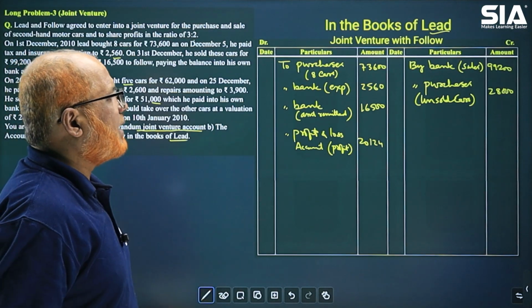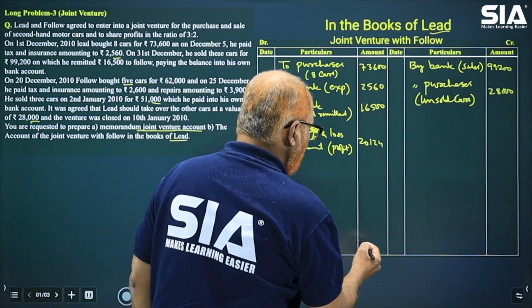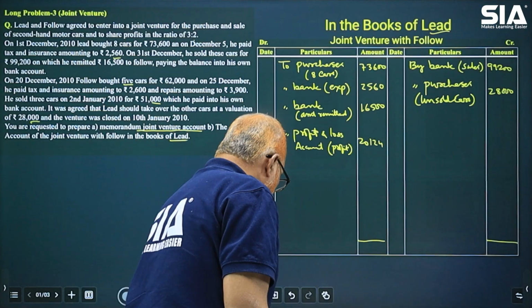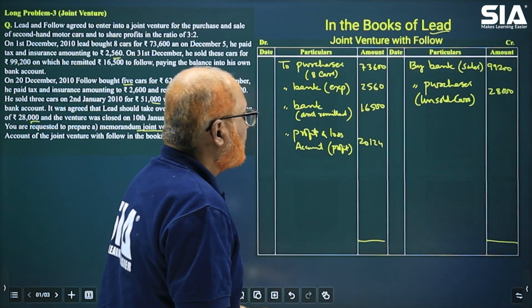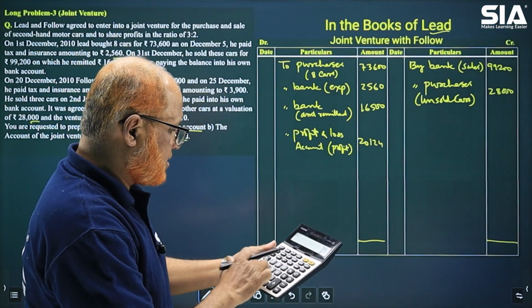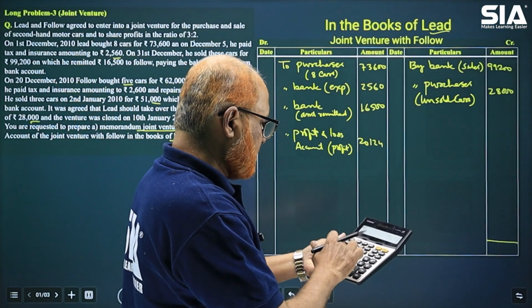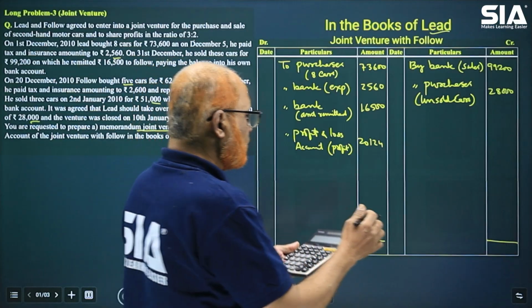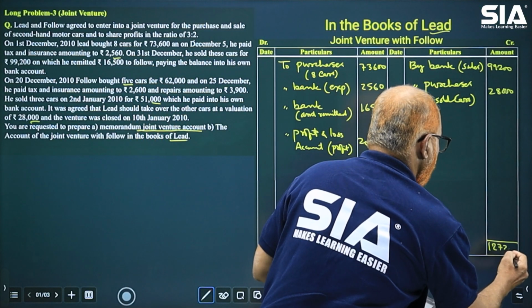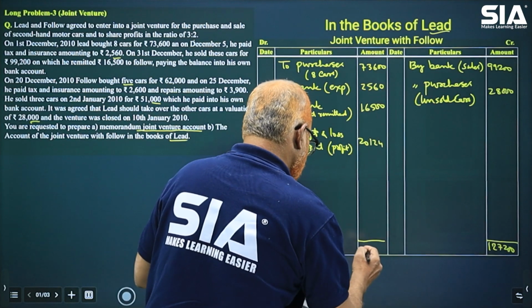How much is the remaining balance transferred to follow? That we have to find out. Now take the total. Total is 99,200 plus 28,000. It comes to 127,200.